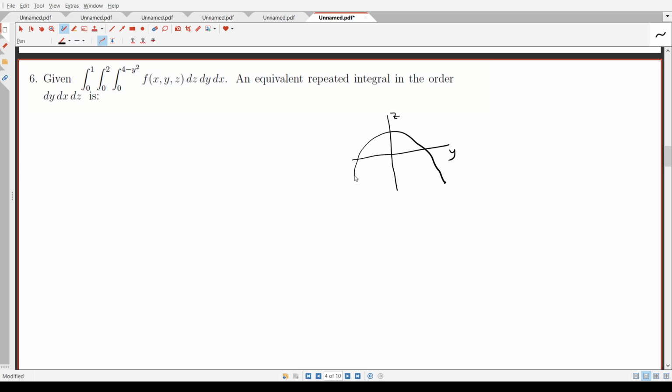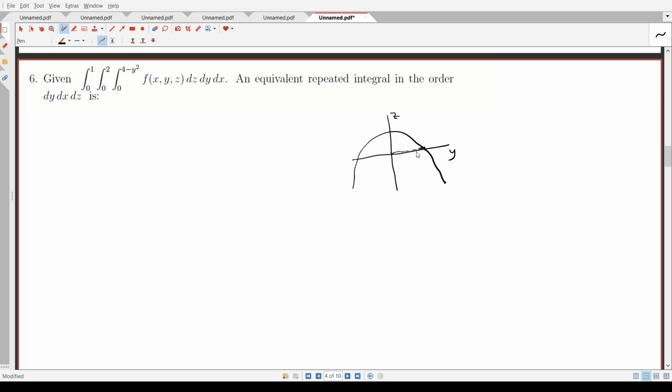Okay, and notice that these bounds here, they don't depend on x, right? So no matter what value of x I have, this shape is going to be the same. So this is going to look kind of like a folded sheet of paper almost. Okay, so y goes from 0 to 2, so it starts at 0 and goes out to 2.